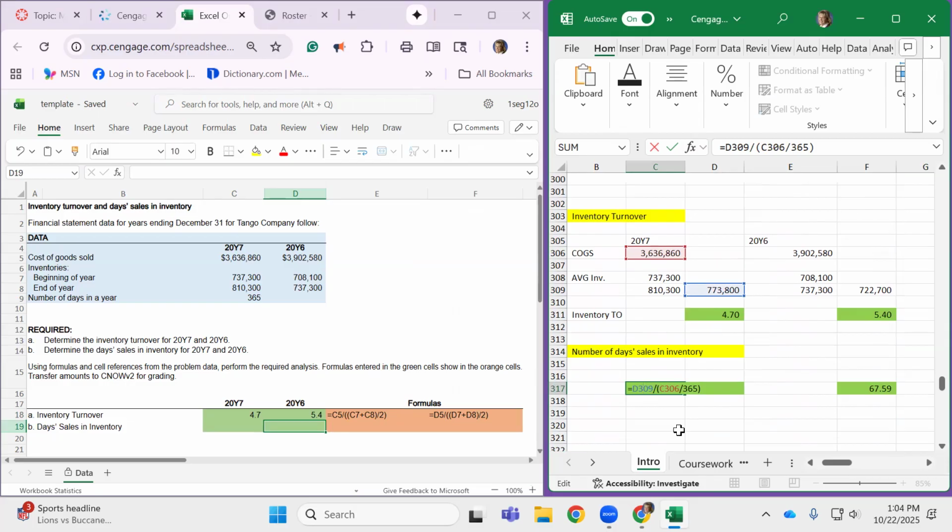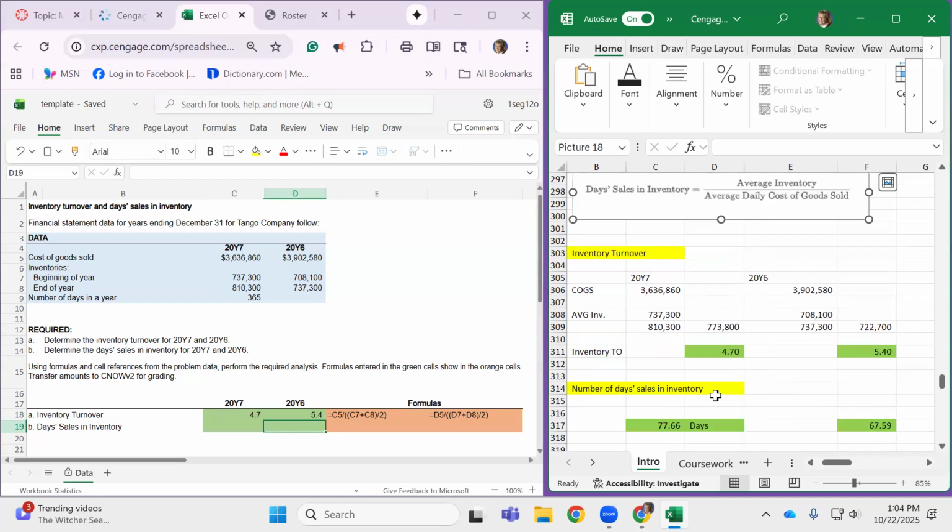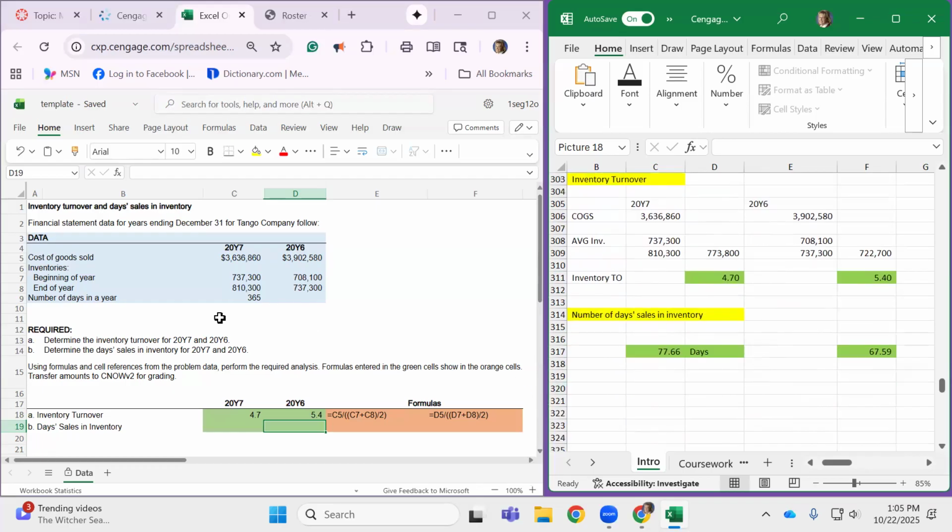Okay, so we take the average inventory, which is sitting here, and we divide it by cost of goods sold divided by 365. Okay, because there's 365 days in a year. So what we want is equals the average.